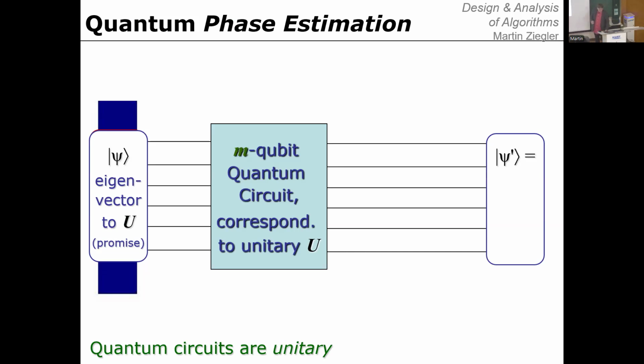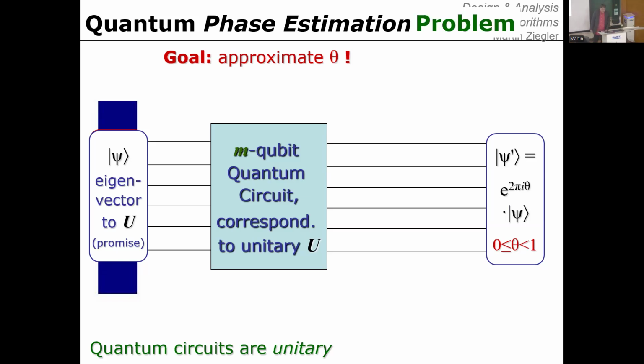It's a strange setting, something to be promised an eigenvector. And the quantum phase estimation problem is to determine the eigenvalue. More precisely, since the eigenvalue is a complex number of magnitude 1, it means we want to determine theta, the real parameter in the exponent between 0 and 1. Not necessarily exactly, but approximately, and I'm going to say what approximation means in a minute.